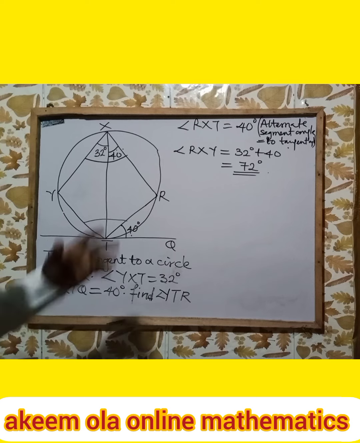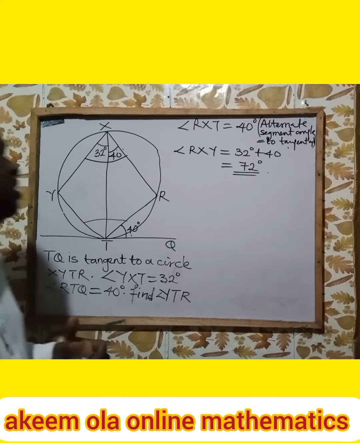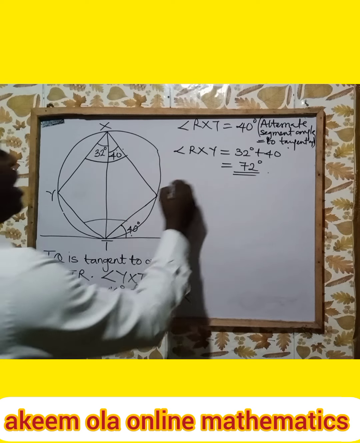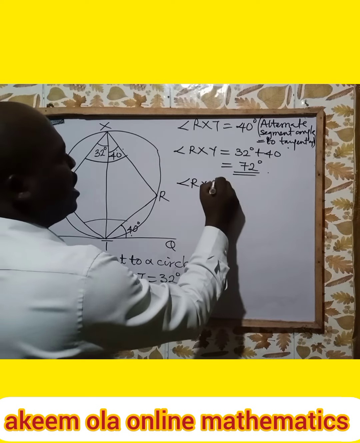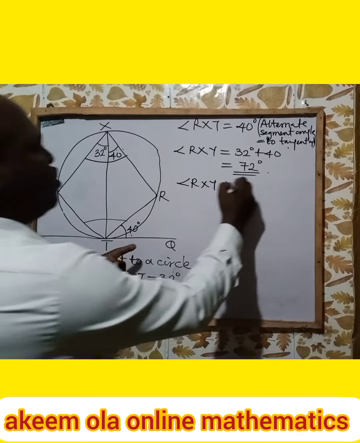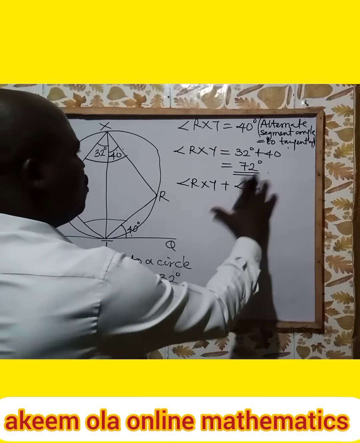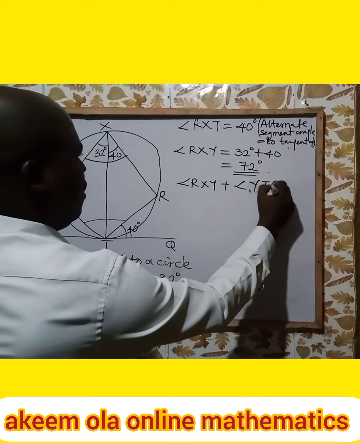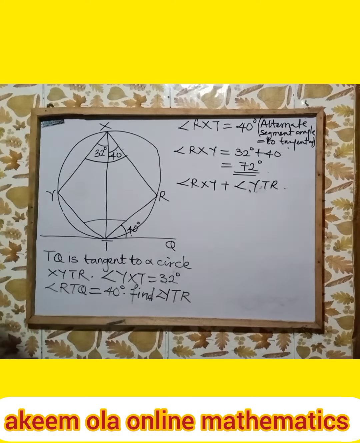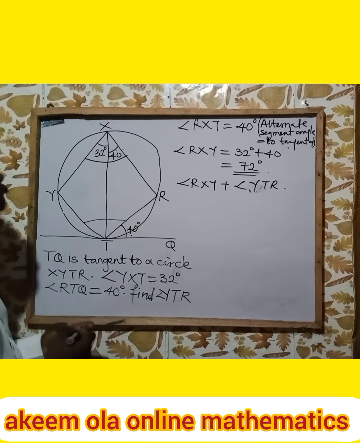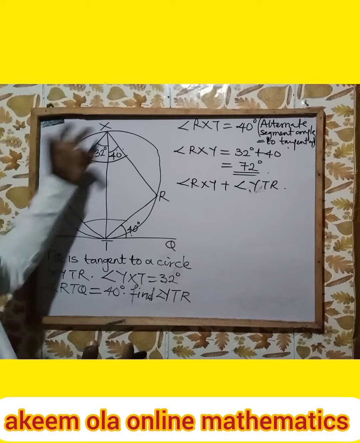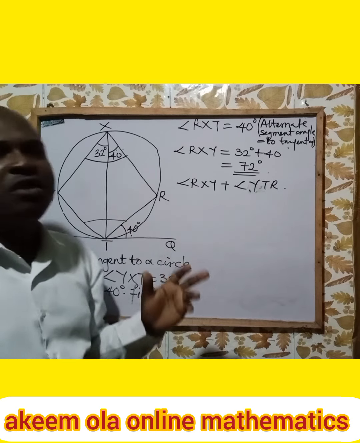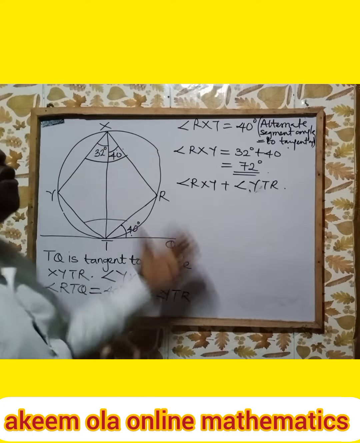Now, if you look at this very well, you will notice that there is a relationship between angle RSY plus angle YTR. If you check the two of them very well, you will notice one, two, three, four. This is a quadrilateral because it has four sides and four angles.